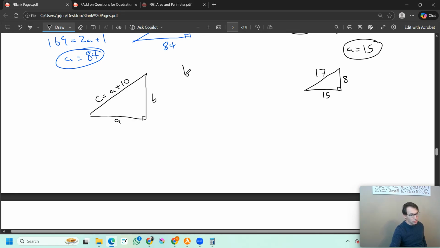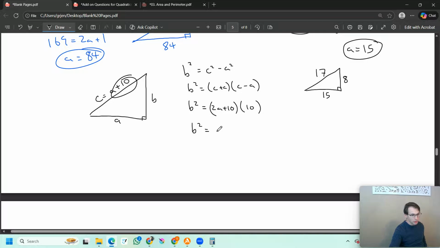We're still in this situation that b squared equals c squared minus a squared, or in other words, b squared is equal to c plus a times c minus a, and we know that c equals a plus 10. So b squared equals 2a plus 10 multiplied by 10. So now we have b squared equals 20a plus 100.